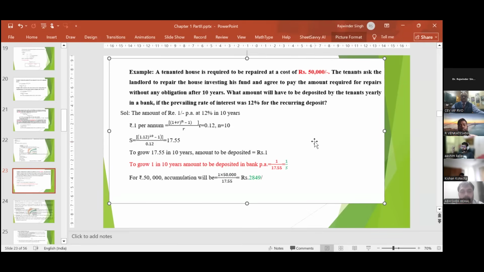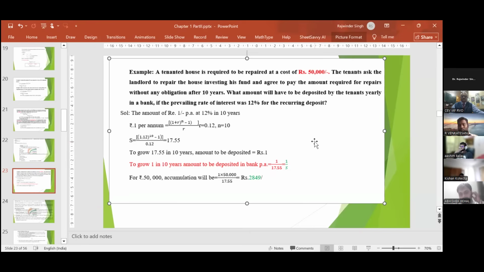We will assume, though it is not practically possible, of course, the price of the car will increase manifold, but we just assume that the price of the car will remain 10 lakh after 10 years. So we know after 10 years we will need to buy a new car. What do we do?